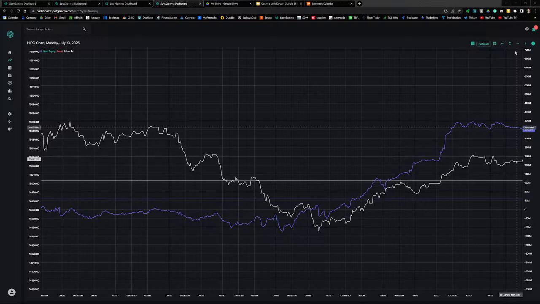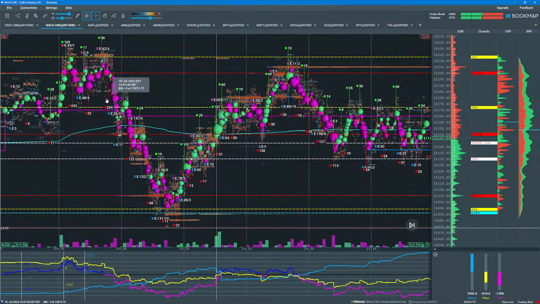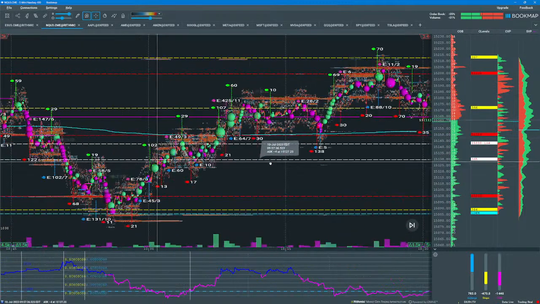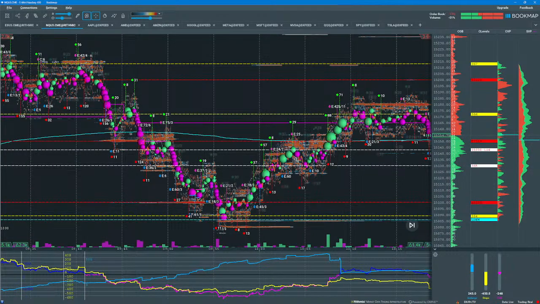Now let's go take a look at Bookmap. And there's another very strong clue shown here in Bookmap. Note this rising light blue line.